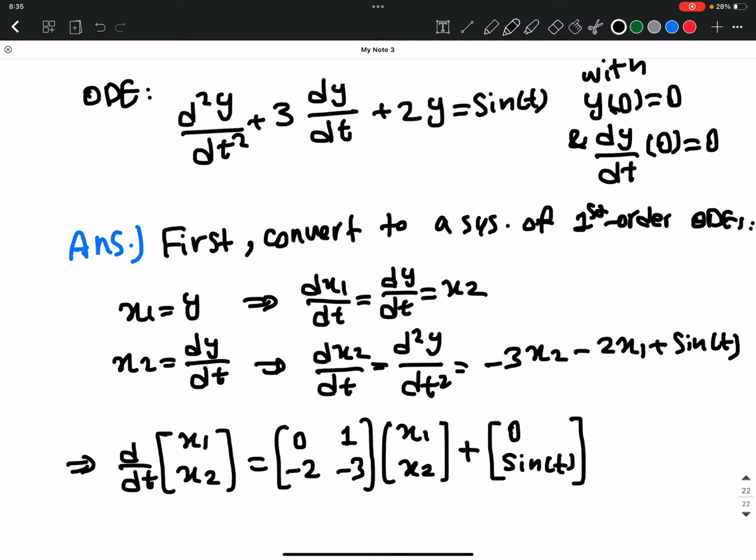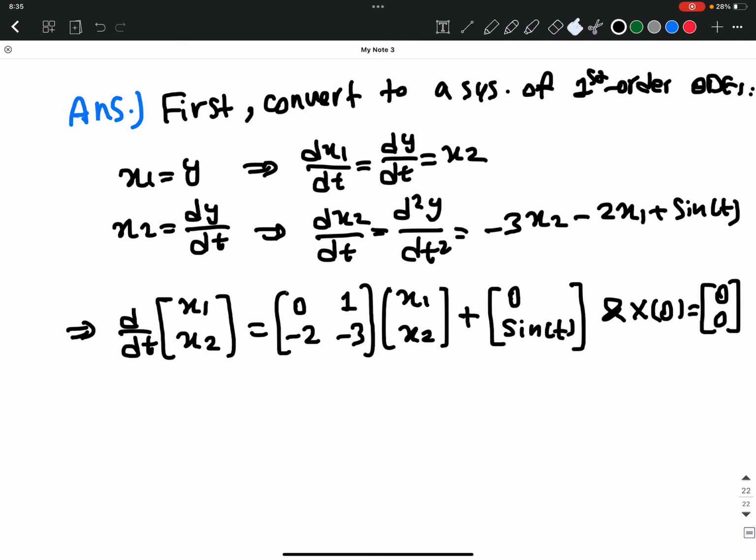Okay, and my initial conditions: x at 0 would be (0, 0). Both x1, which is y, and x2, which is dy/dt, would be 0. Okay, so now I have the system of linear ODEs that I constructed, and now this would be my A, right?